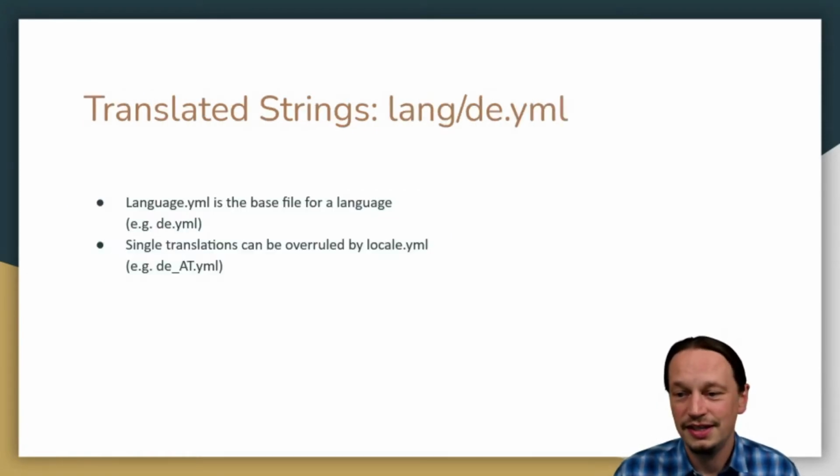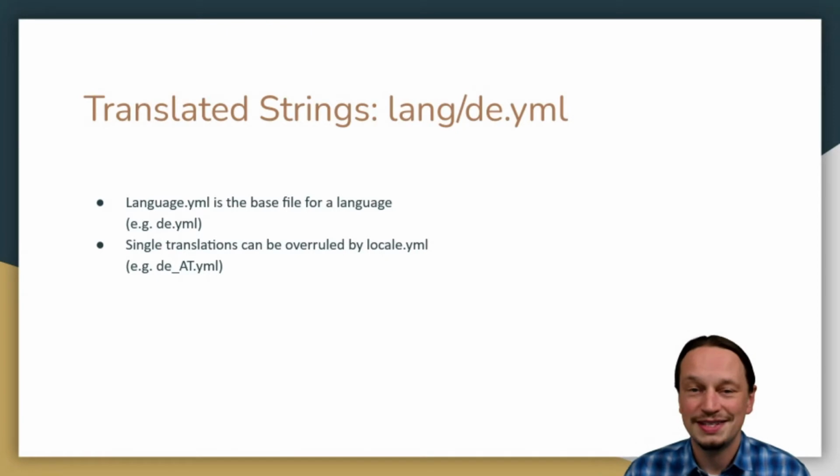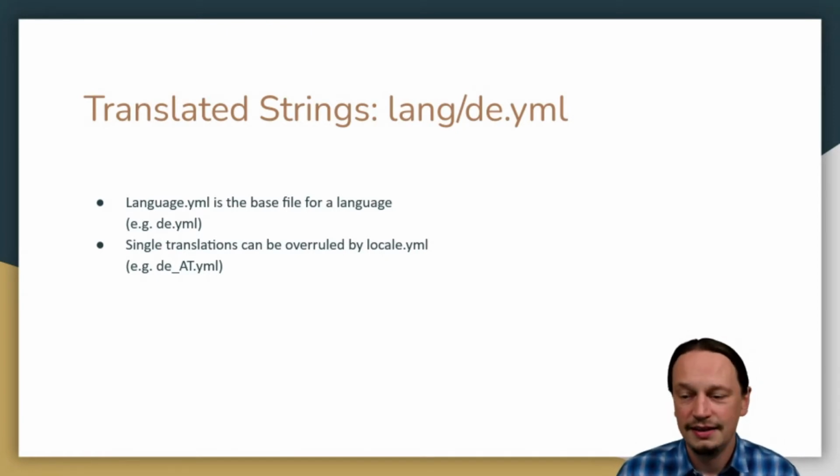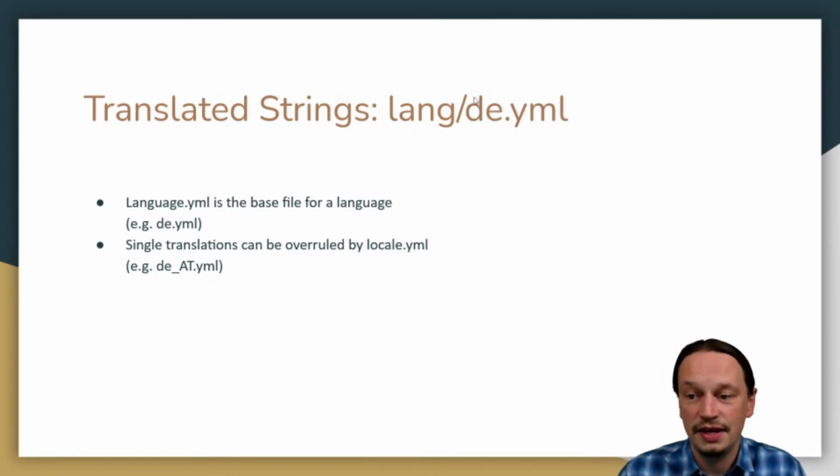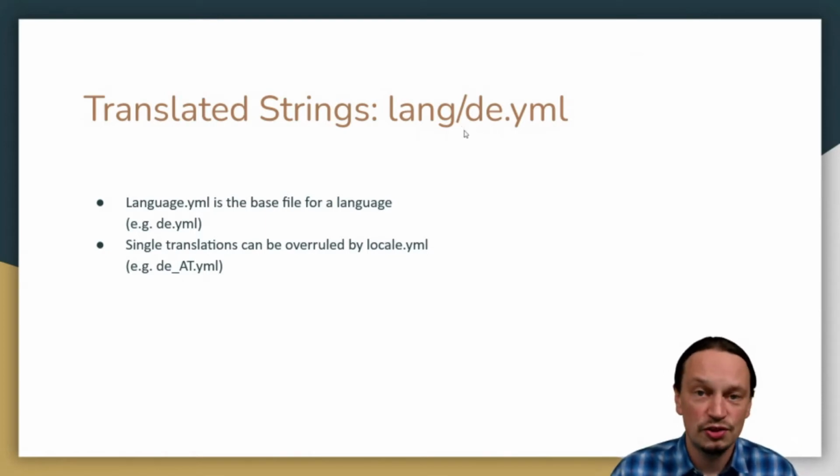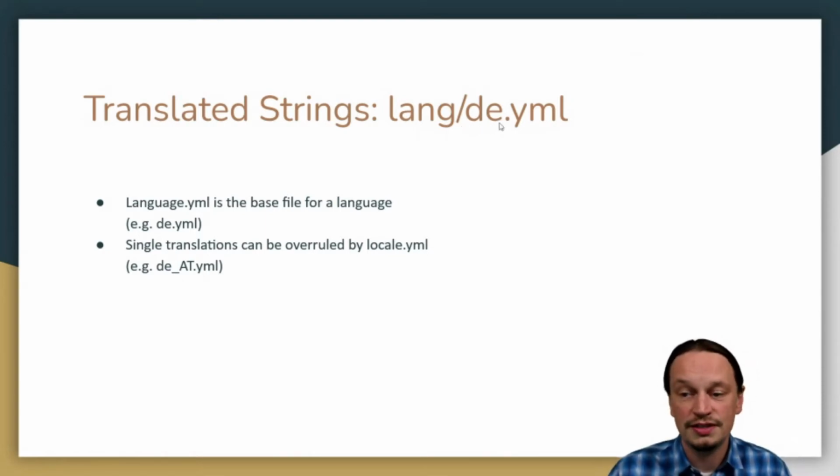Okay, the next one. Where are the translations actually stored? They are stored in the lang directory in our modules or in our app. And there we have one YAML file for each locale or for each language. So when we just have, for instance, de.yaml, that's for the German language, and it works for all locales.